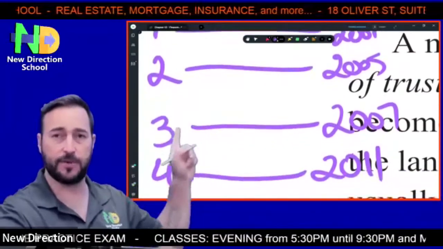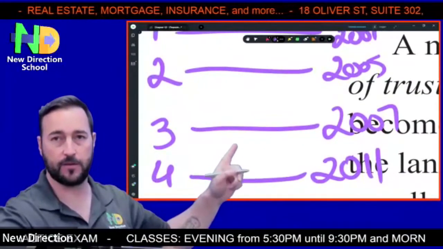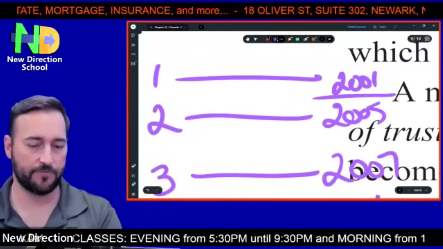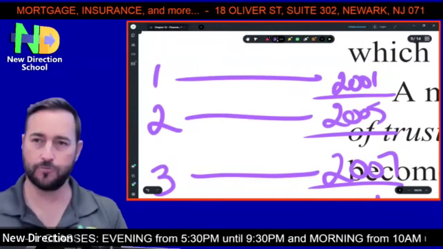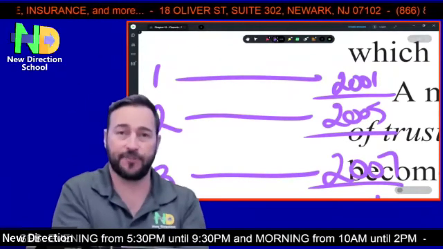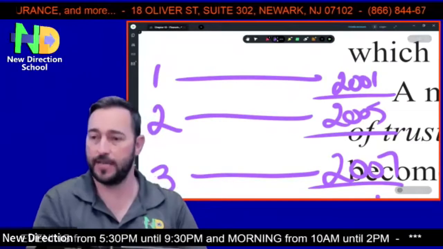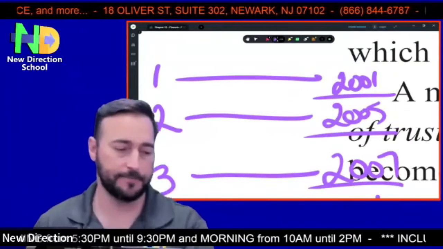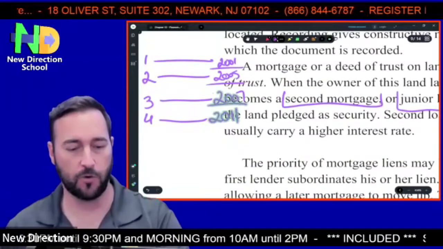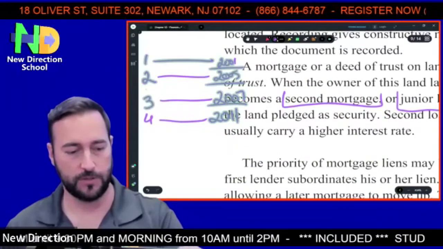Number two is superior to number three. Why? Because of the date of recording. You guys remember we said first in time, first in line? Whoever gets here first is the one that has superior claim or benefits to the property. So that's why they're called second mortgages or junior liens.